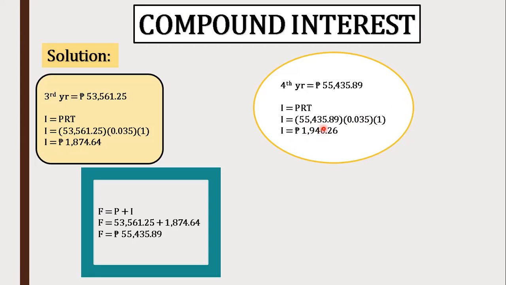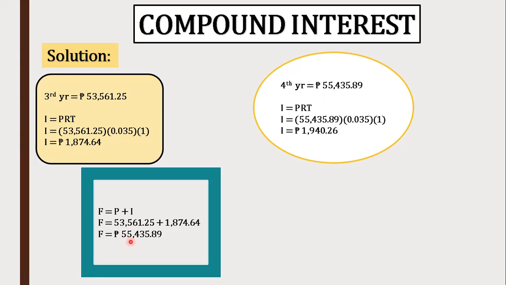It's still interest. So this is a constant formula for interest, but it's a compound interest. Therefore, we change only the time, right? Not just the time, but the basis of our principal, because the principal value will be based on the future value of the past year.